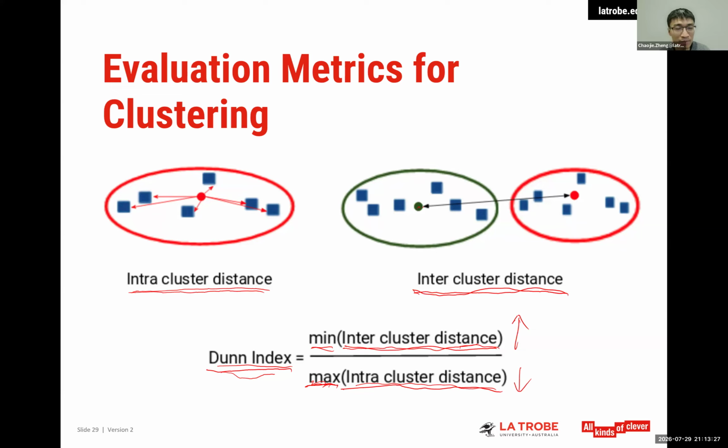So there's no specified value range for that. But because we are not comparing the down index for different data sets, we are using this down index in the cross validation scheme, because we are working on the same data.